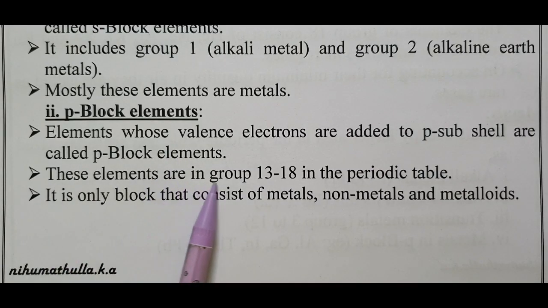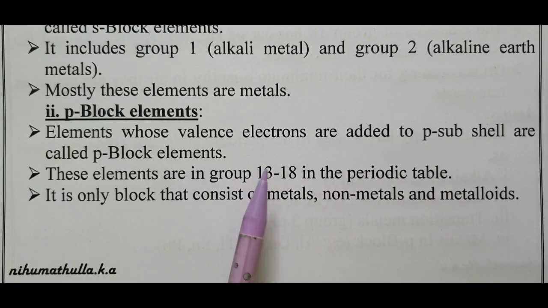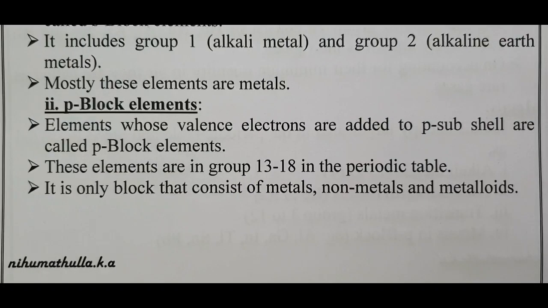These elements are in group 13 to 18 in the periodic table, starting from boron group elements, carbon group elements, nitrogen group elements, oxygen group elements, halogens and noble gases. It is the only block that contains metals, non-metals and metalloids. All these are collectively present under P block elements.